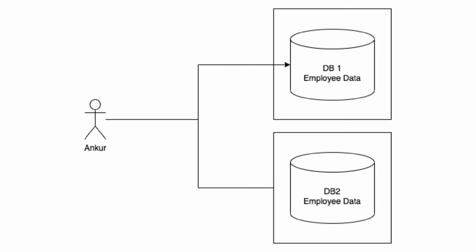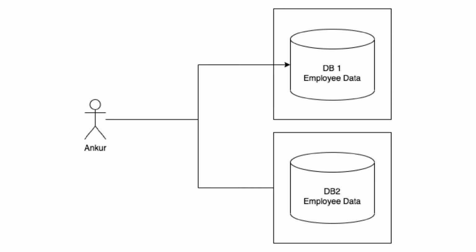The problem is, if the network connection goes down between these two systems, what happens? Ankur can, for example, update database 1 with a new record, but that won't be propagated to database 2. Suppose Ankur added a new record to database 1, let's say Jack, but when Ankur goes to database 2, he cannot find Jack.